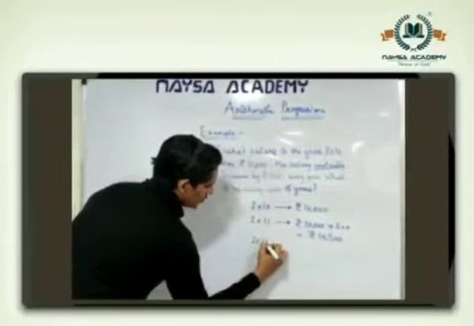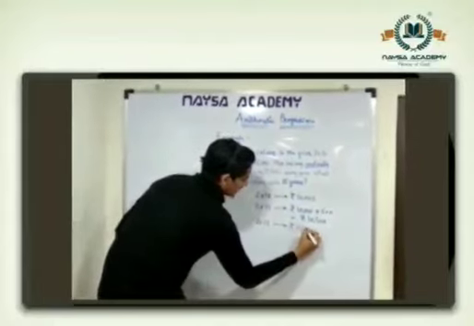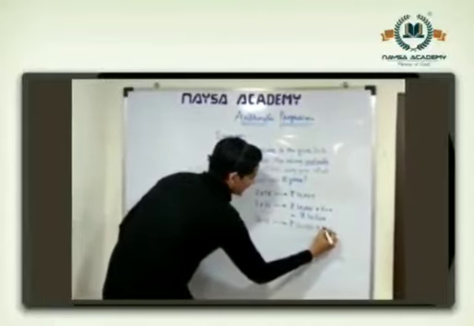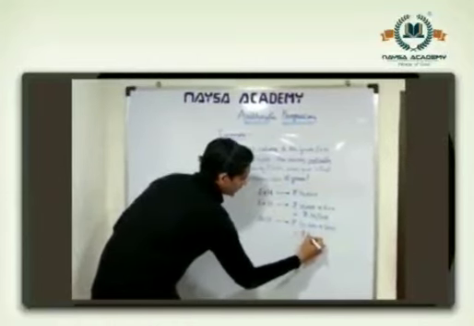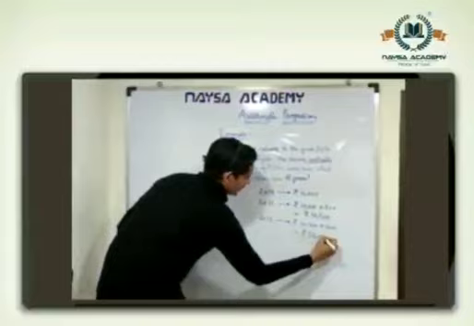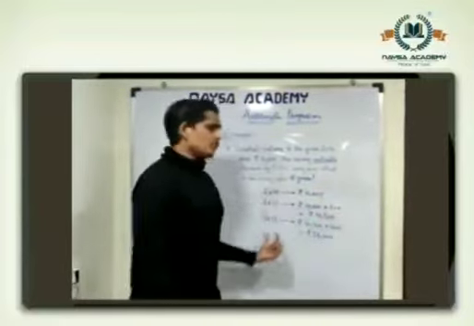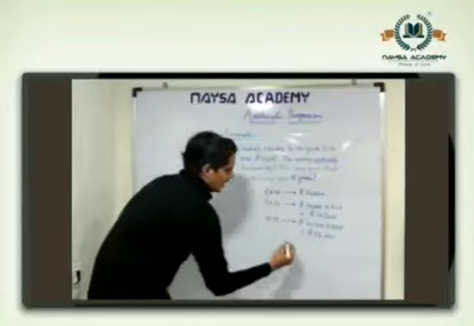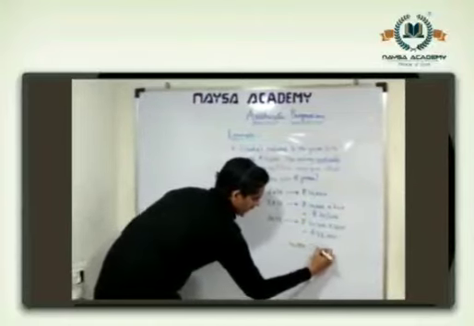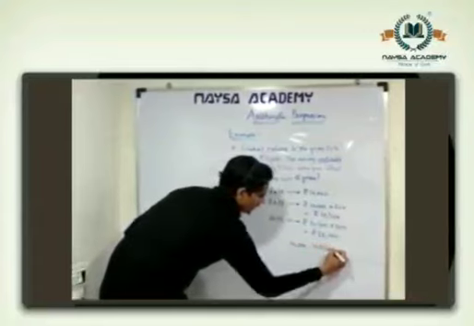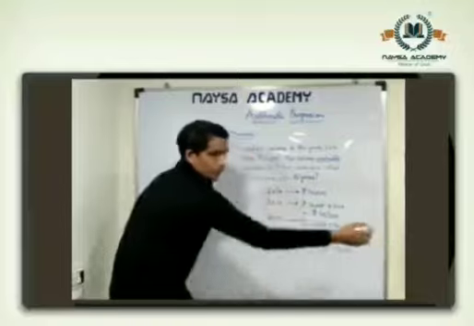Similarly, in 2012, her salary will be rupees 10,500 plus 500. That means rupees 11,000. So if we write this in terms of a sequence in a single line, it will be 10,000, 10,500 and 11,000, and obviously it will go on.